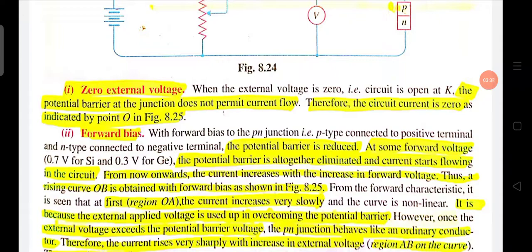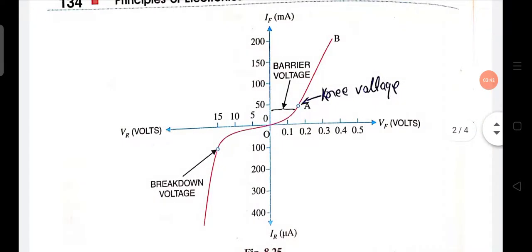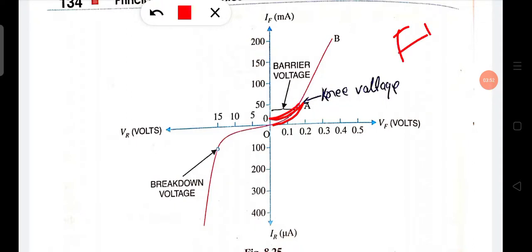After the potential barrier is destroyed, this is represented here by O to A when forward biased. This is the forward bias side, and this is the reverse bias side.